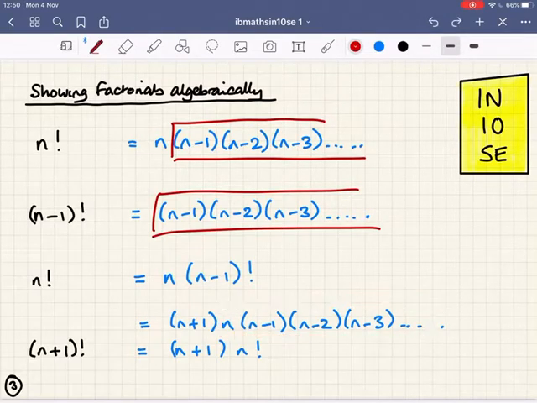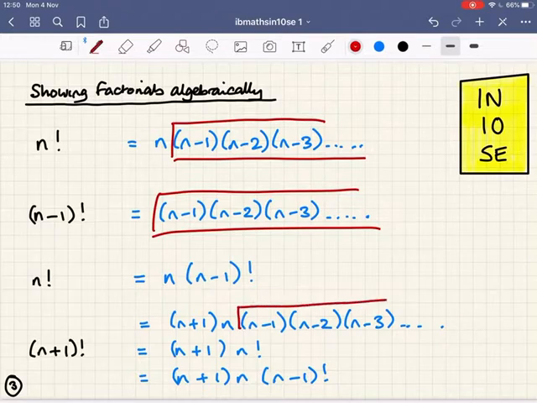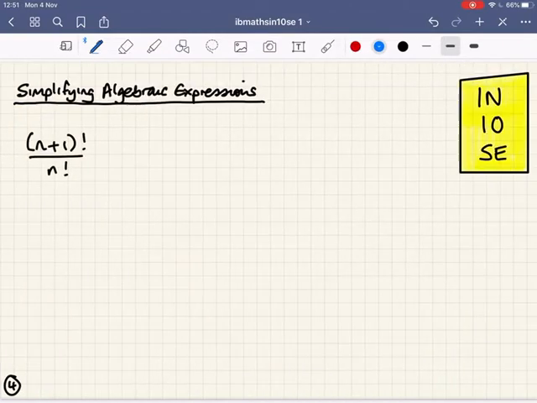But we could also rewrite it as n plus 1 times n times n minus 1 factorial, because there's my n minus 1 factorial, and that appears also in this expression. So that's also useful, a number of different ways of factorizing it or splitting it into factors to enable us to simplify later.